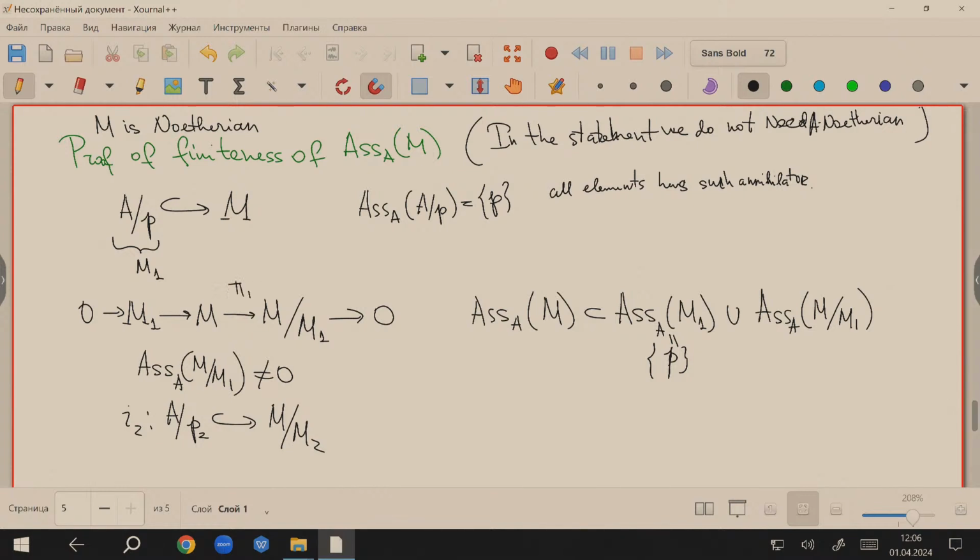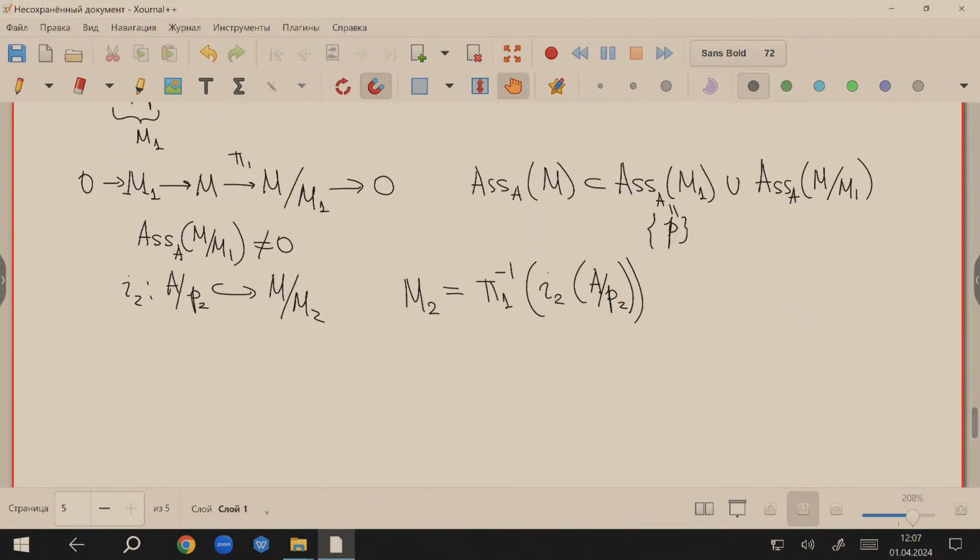We can pick the module which we denote by M2. It is the preimage under P1 of the image of this module, of I2 of A mod P2. This gives you a module that contains M1, and you can proceed.